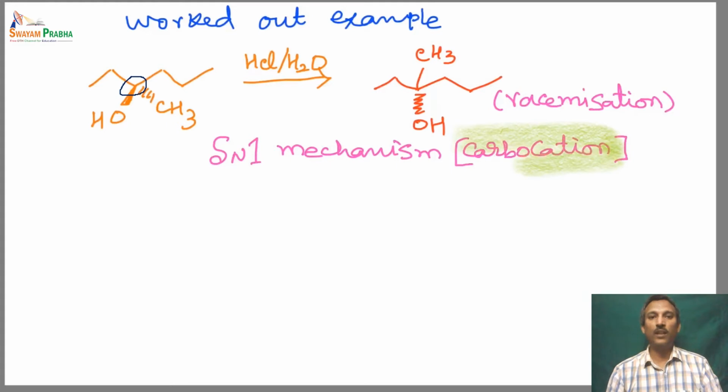If we take the optical activity of the starting material before the reaction, run the reaction for some time, and then observe the optical activity of the final product, we can figure it out. In this case, racemization does occur, and that is due to the SN1 mechanism. So you don't have to worry about what the starting material or product is.